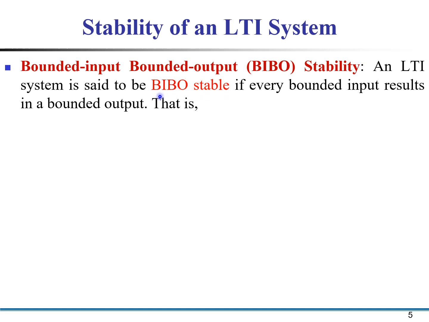What is the meaning of this? If we excite a system with a bounded input and the output of the system is also bounded, we say the system is stable.